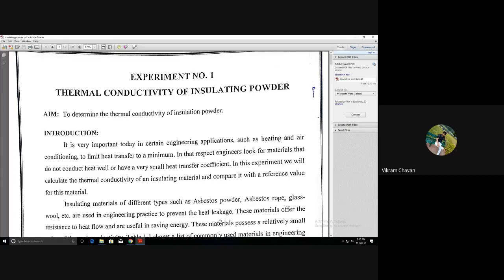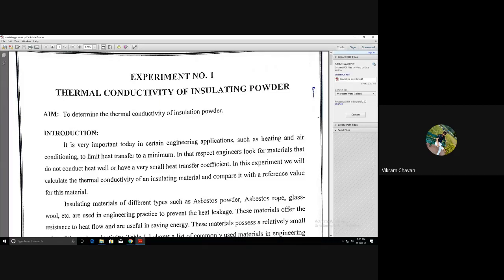Okay, so today we are going to discuss thermal conductivity of an insulating powder. Initially, I would like to describe that there is a very high variety of materials available on our mother earth, with different properties, and we use these materials for different applications.